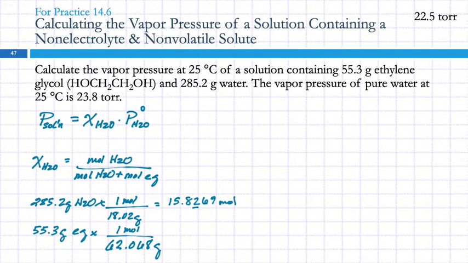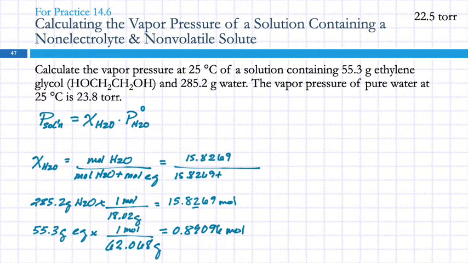It's the mass of ethylene glycol per mole. So 0.89096. So the mole fraction is the moles of water divided by the moles of water plus the moles of the solute.